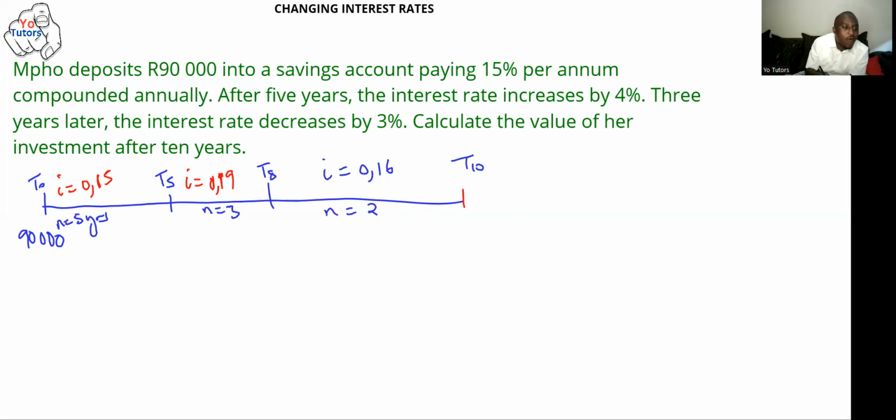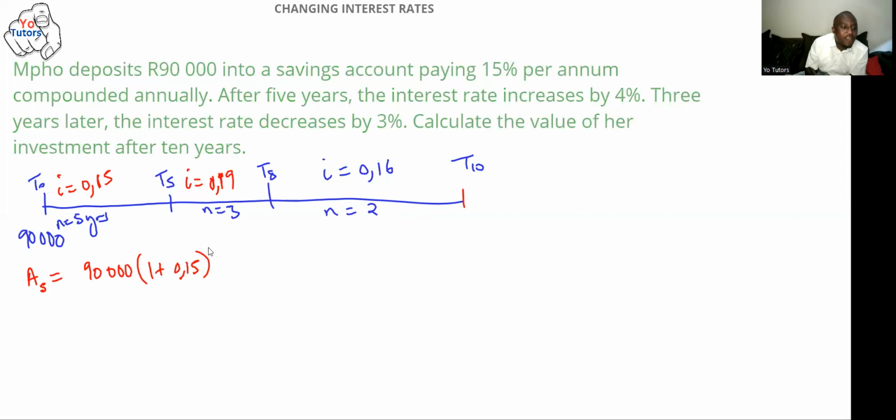Now, what do we do? We're going to say, okay, what is the first accumulated amount there? A is going to be equal to A5, because we want the accumulated amount in 5 years. It's going to be equal to 90,000 in bracket 1 plus i, 0.15, to the power of n. What is our n in this case? It's 5. Then what do we get?